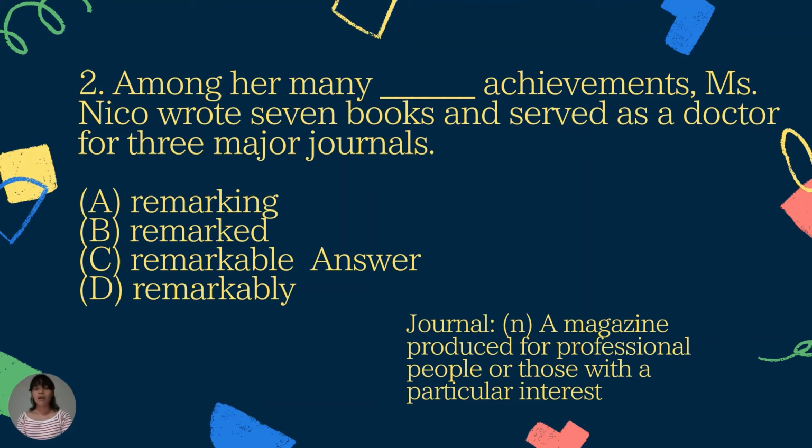But among A, B, and C, only C here is a collocation for the word achievement. Remarkable achievement means something like a great achievement, like a milestone. Okay? So in this case, the best answer would be letter C, remarkable. All right, let's move on to number 3.